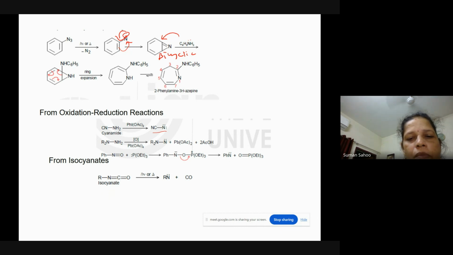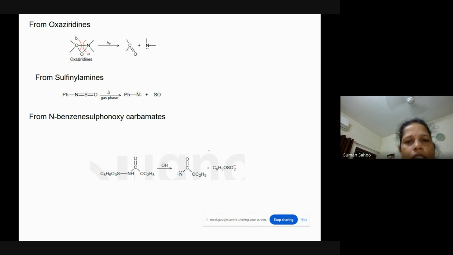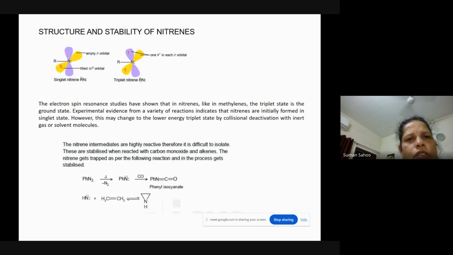From BSc level we have that Hofmann bromamide reaction, and this isocyanate kind of intermediate we have. When this isocyanate is exposed to light or thermal heat, that also gives you your nitrene. Okay, we have different processes. We won't go through it more.